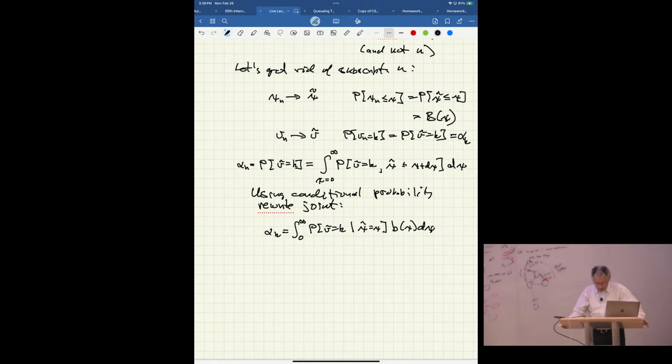The b of x dx is the condition that goes along with the condition I put on the first thing. And of course, little b, as you know, is the density related to the distribution capital B.